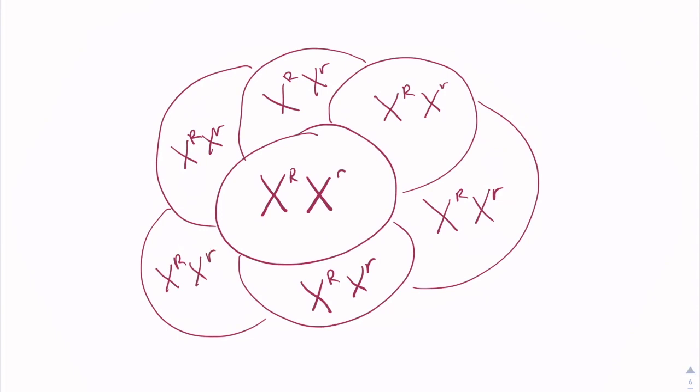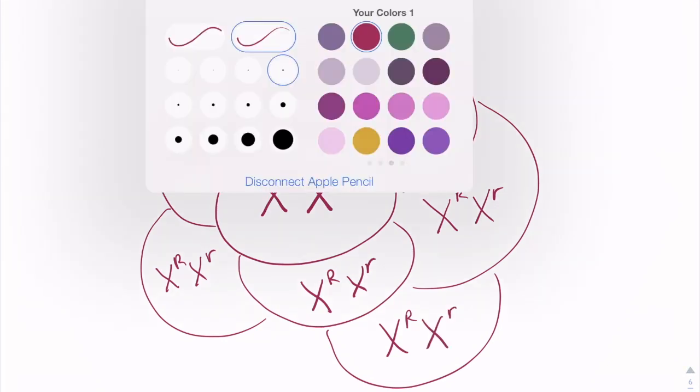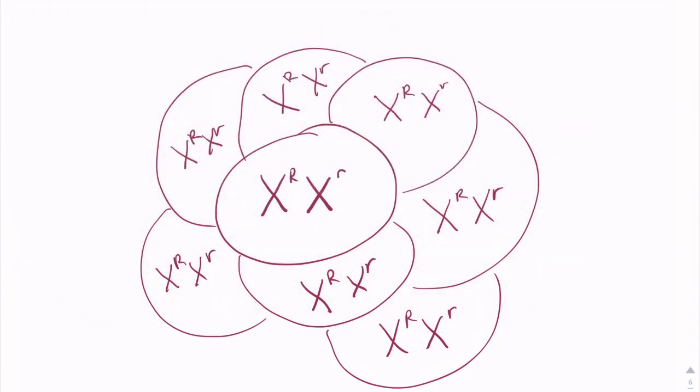All right, and I don't know at what cell stage this happens, but at some point early in development, let's go with purple, and this only happens in females. There is a phenomenon called X-inactivation.